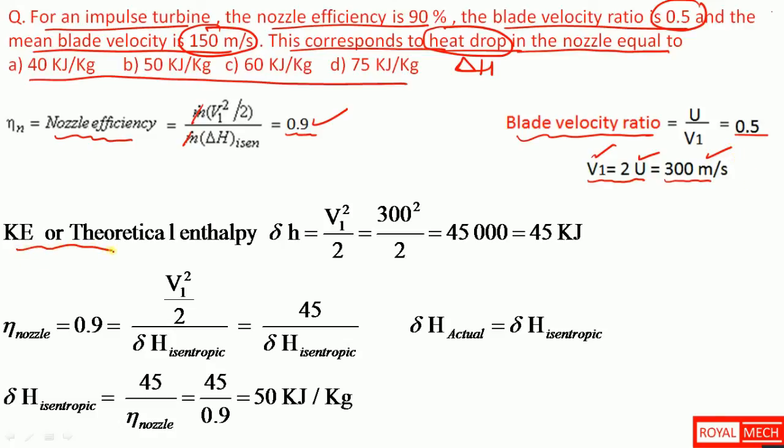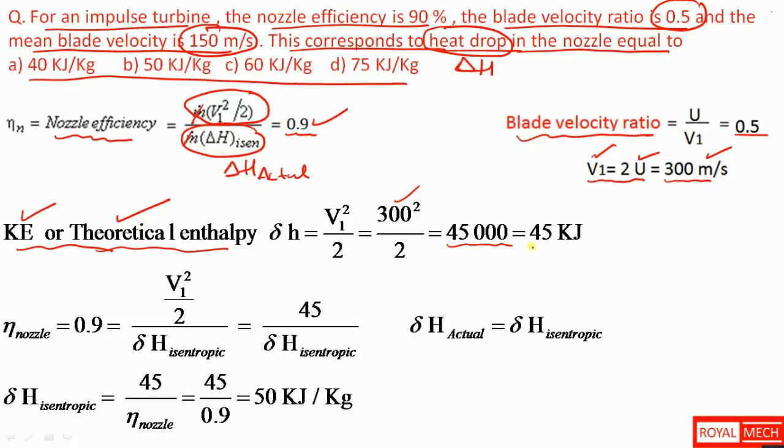And kinetic energy or theoretical enthalpy. So this part is also called as theoretical enthalpy or also kinetic energy. And this is isentropic enthalpy, or also it is called delta H actual enthalpy. So theoretical enthalpy is V1 square by 2, that is 300 square by 2, 45,000.